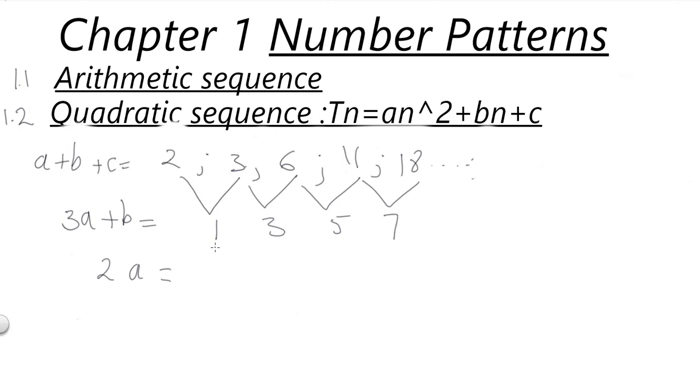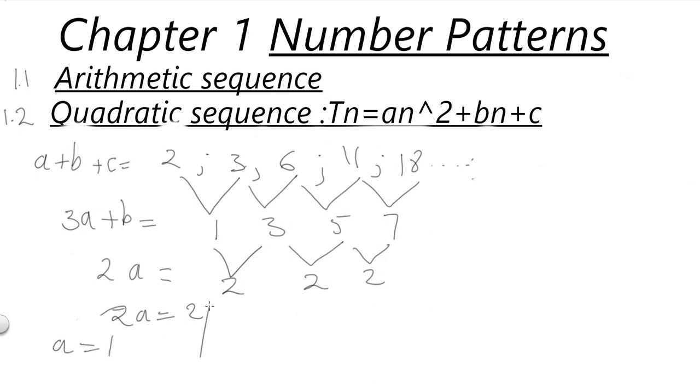Now let's go. 3 minus 1 is 2. 5 minus 3 is 2. 7 minus 5 is 2. So what do you have here? We have 2a is equal to 2, so a is equal to 1.